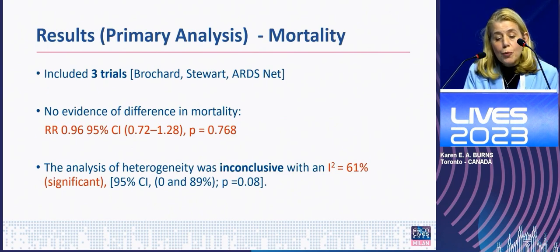So what were the results? Well, the primary analysis included 3 trials and found no evidence of a mortality benefit favoring lung protective versus traditional approaches to mechanical ventilation in patients with ARDS. And heterogeneity was significant here with an I-squared value of 61%.